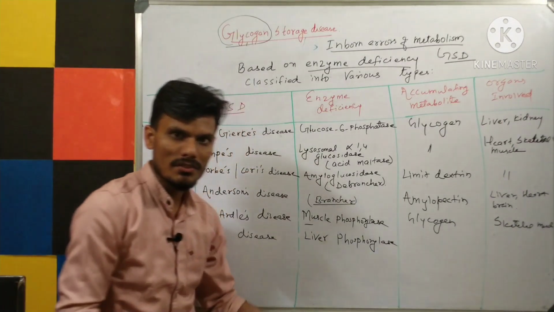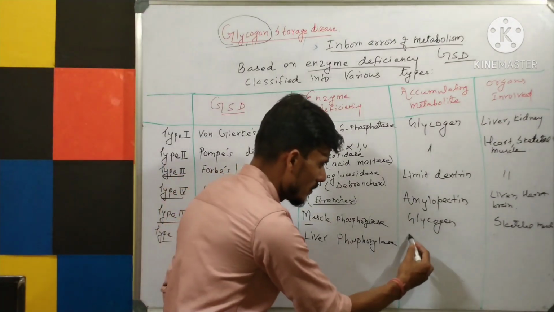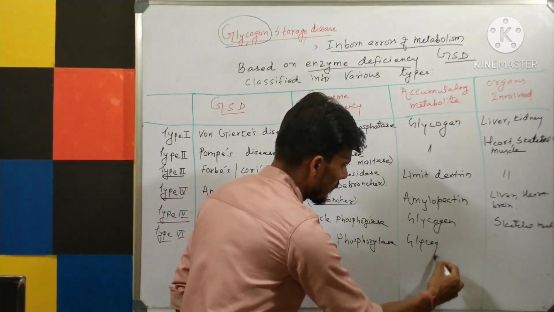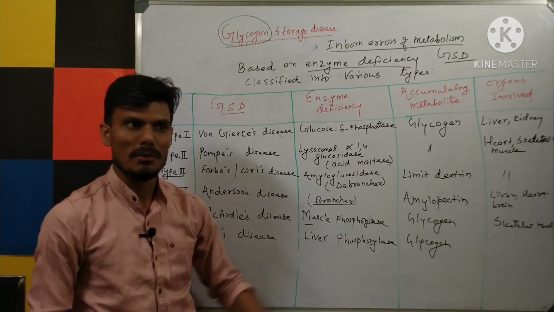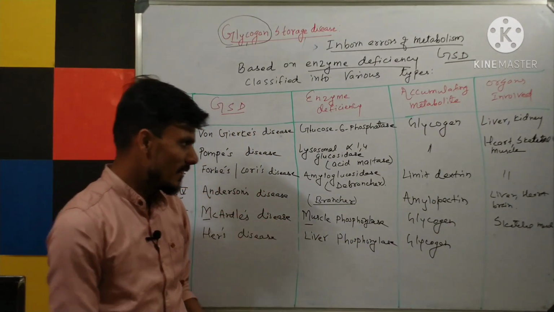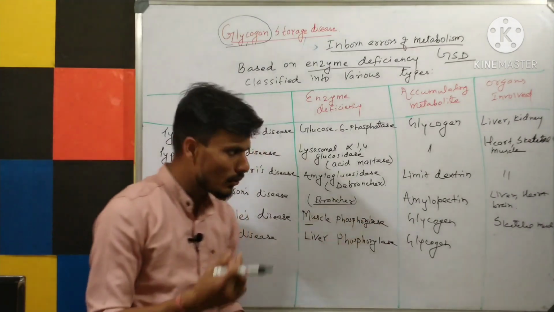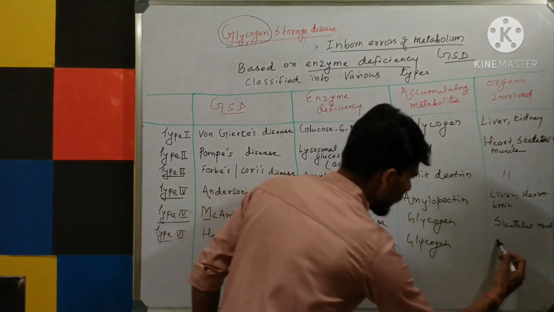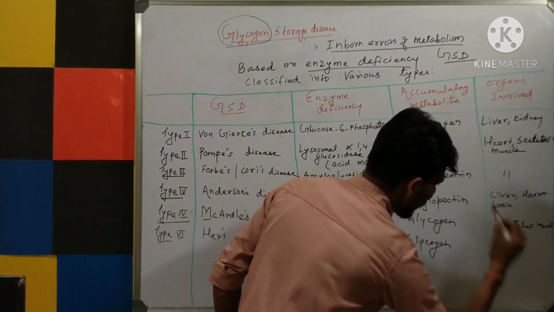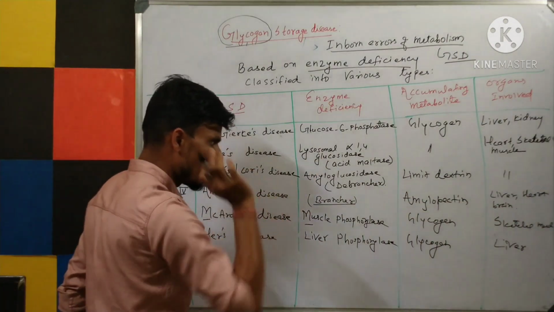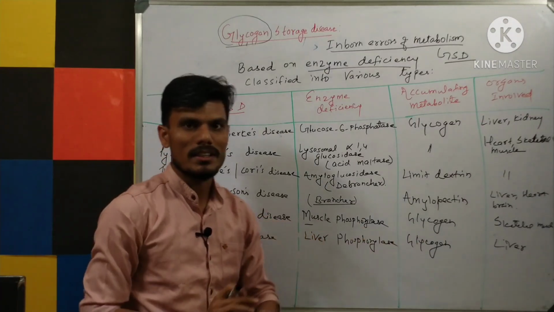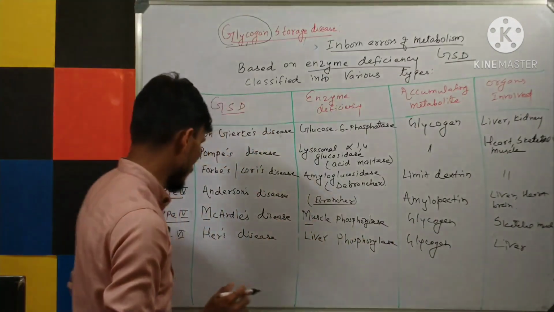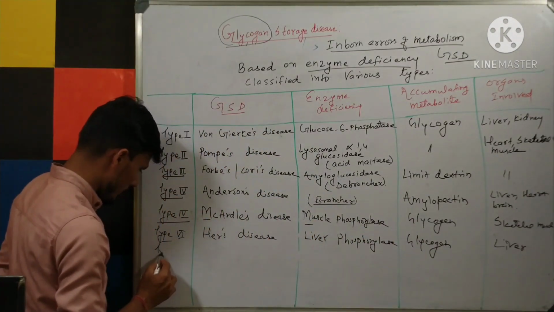So if the enzyme is deficient, of course the glycogen cannot be converted into glucose, resulting in accumulation, and it can affect the liver. So in Hers disease, most commonly the liver cells will be affected by the accumulation of glycogen. That's type 6.